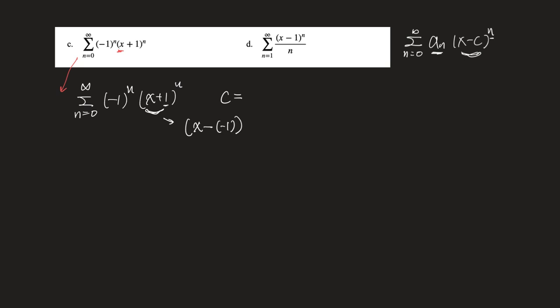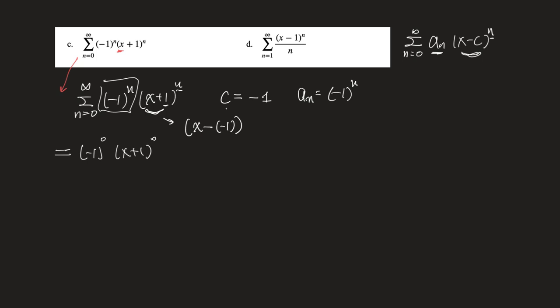When you see a plus number, the center has the opposite sign, so c is -1. What is a_n? a_n is the coefficient. Each power n has coefficient (-1)^n. Let's clearly see the coefficient of each term, so we're going to expand this one, n equals 0.